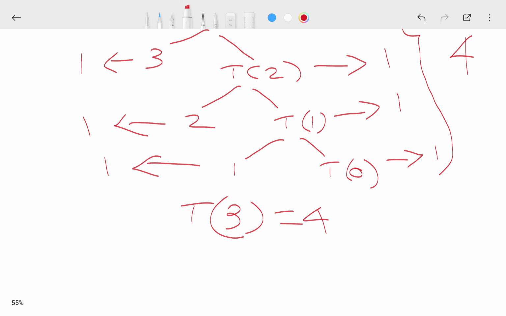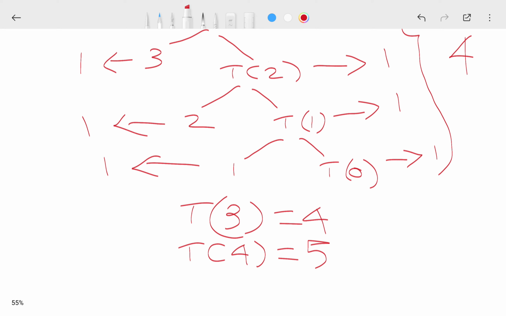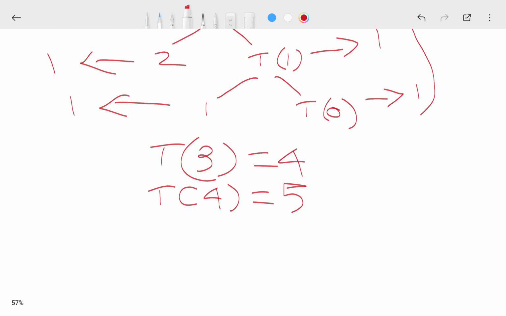In the same way, if the n value is 4, it will take 5 units of time. So in general, the time taken by this recursive function T of n is n plus 1.